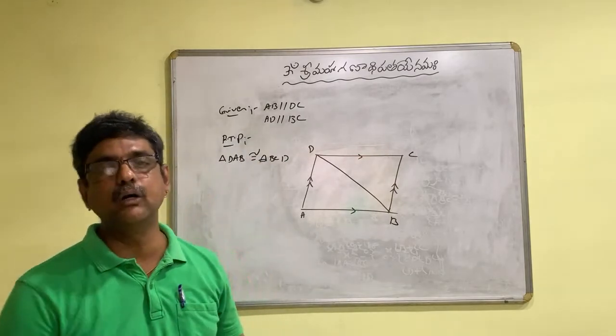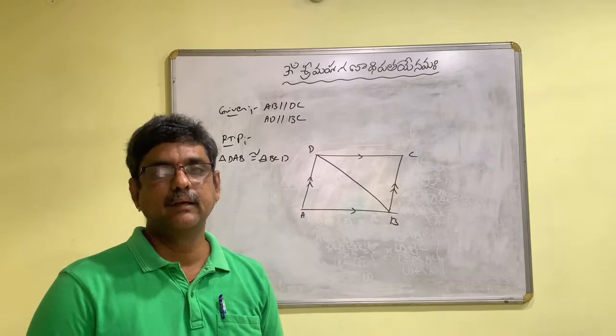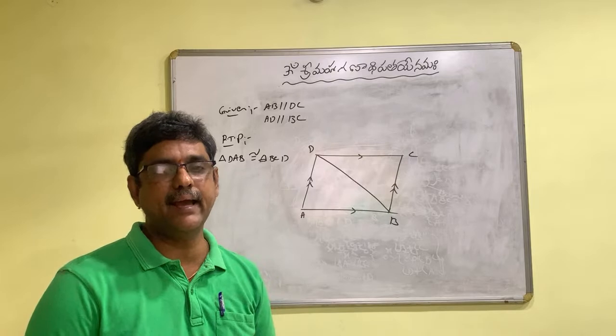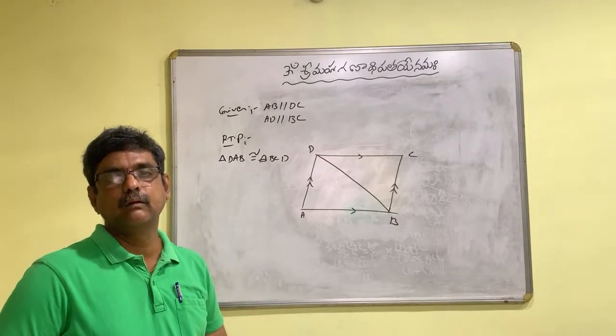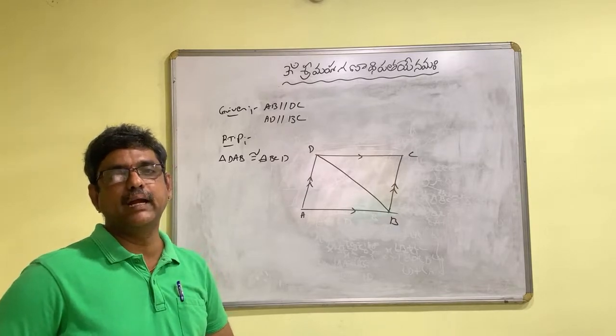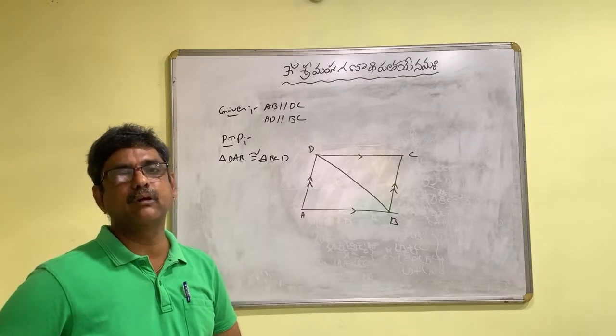That is what I want to prove. Children, any idea from your side how to prove they are congruent? Any idea from your side? I want to prove triangle DAB congruent to triangle BCD. Any idea from your side?